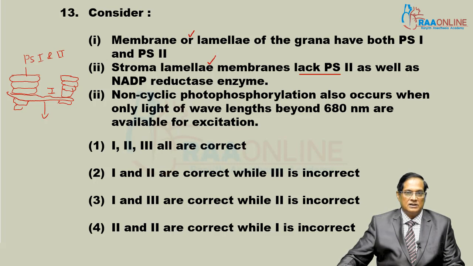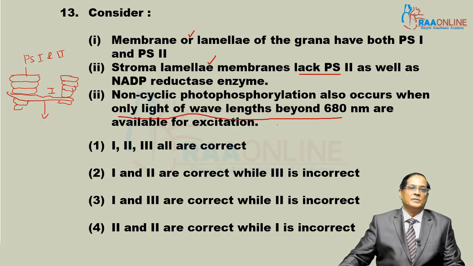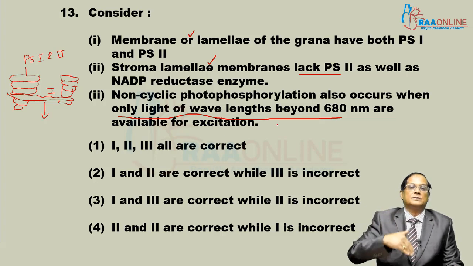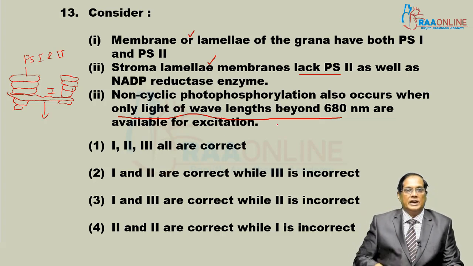Non-cyclic photophosphorylation occurs when only light of wavelength beyond 680 nm? Beyond 680 inactivates pigment system 2, so non-cyclic electron transfer is not possible. If the wavelength is beyond 680, in that case only pigment system 1 is effective, and if only 1 is effective, then there is no possibility of non-cyclic photophosphorylation.